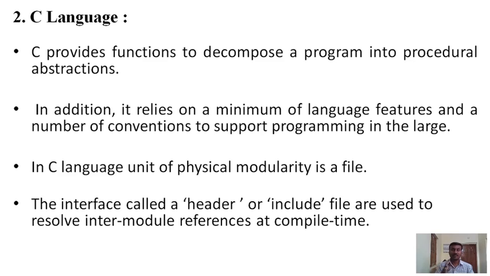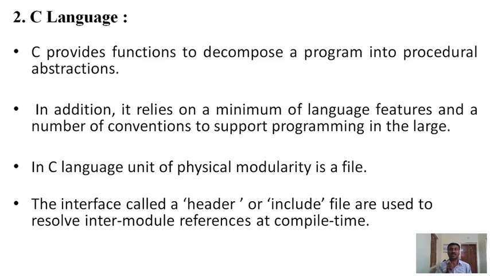If you divide the program into files, you can make the interaction between them with the help of an interface. In C language, those interfaces are called header or include files, which are used to resolve inter-module references at compile time. For one module to communicate with another module, you must use an interface. In C language, those interfaces are called header files or include files.